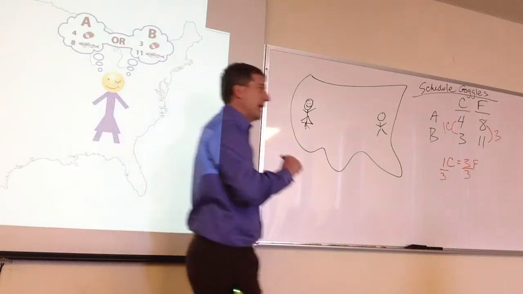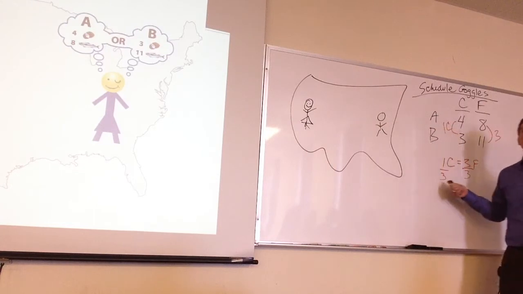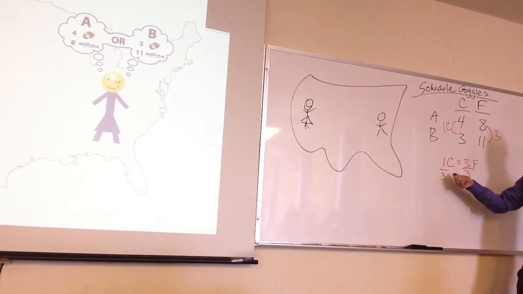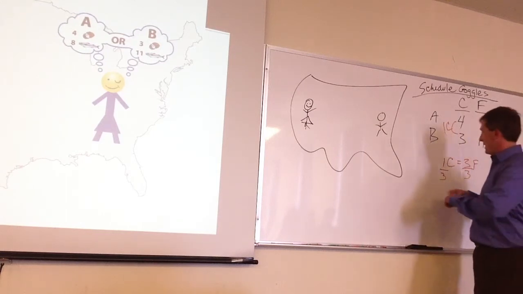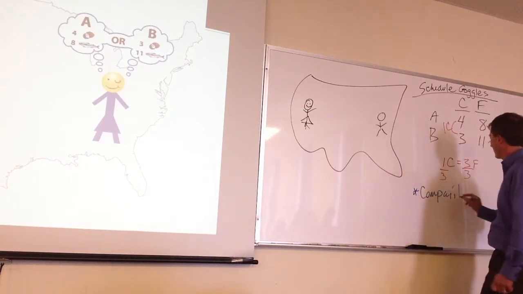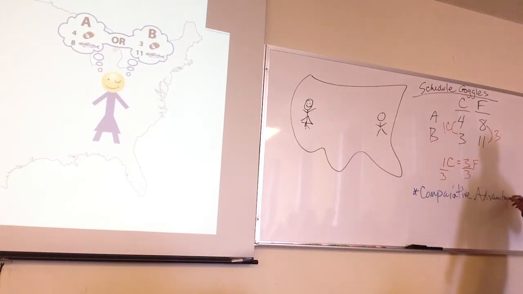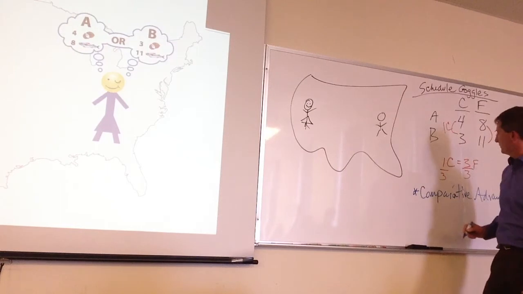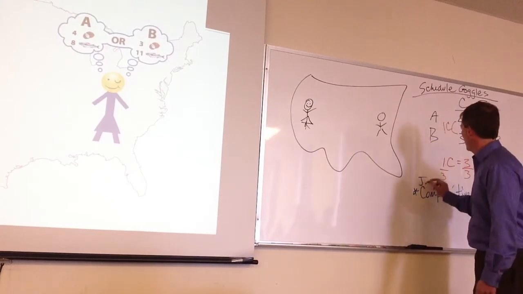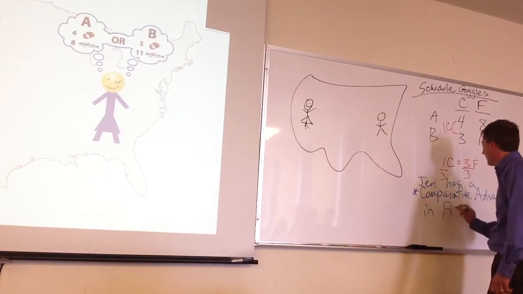However, Jen has a comparative advantage in fishing in the sense that if she goes fishing, she gives up less than what Tom has to give up. So Jen has a comparative advantage in fishing.